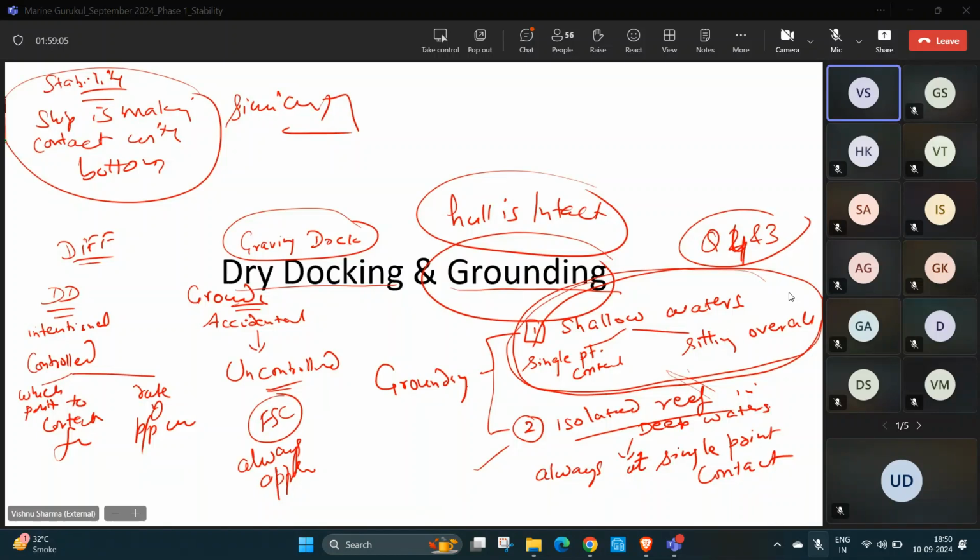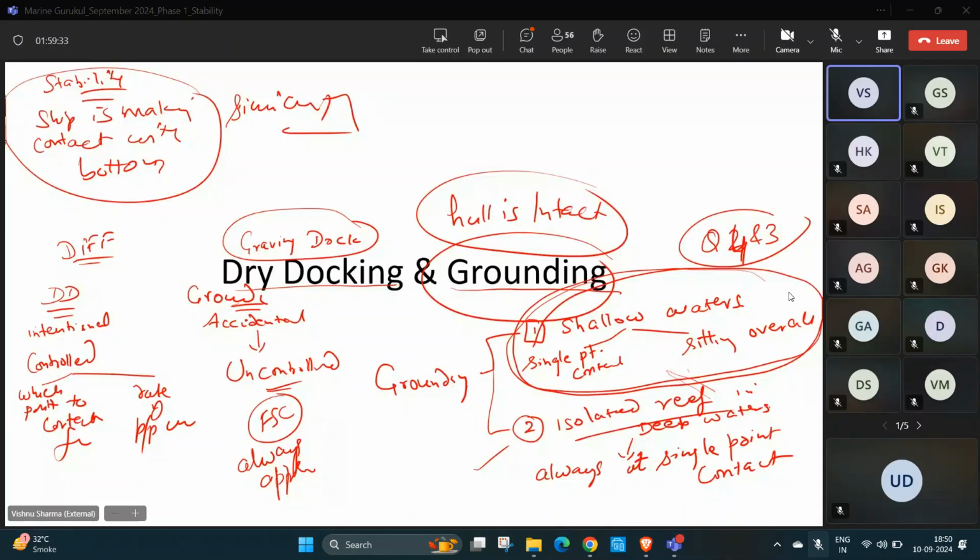So please remember, critical period and critical instant are technical terms associated only with the dry docking process. You may have similar occurrences in grounding, but these two terms shall not be used for grounding. Am I clear, guys? Yes or no? Okay. So please be very clear, and there will be no problems at all.